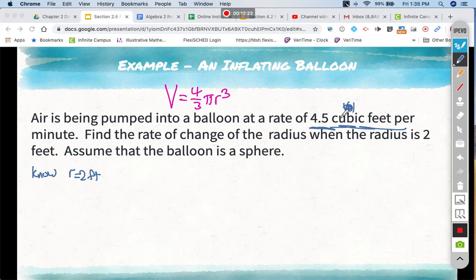It's a volume change, so this is dV/dt. So I gave you dV/dt equals 4.5. And this is a constant rate coming in, so that's kind of nice. I don't have to worry about whether that depends on r or not. What I need is dr/dt.